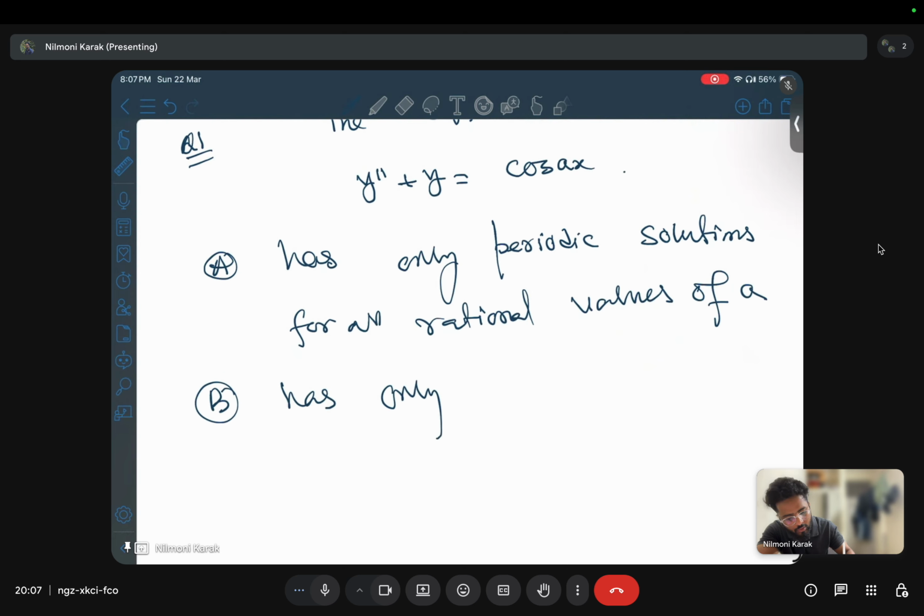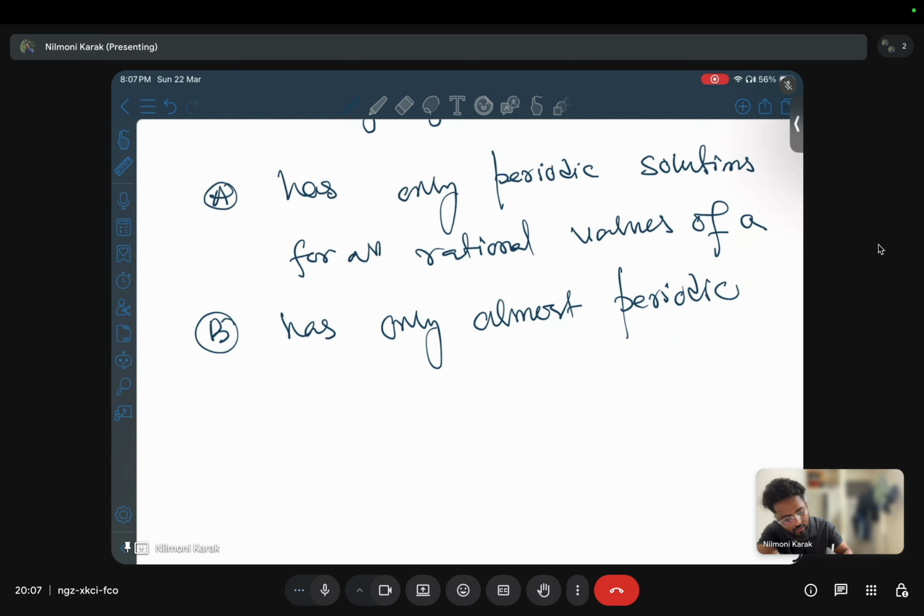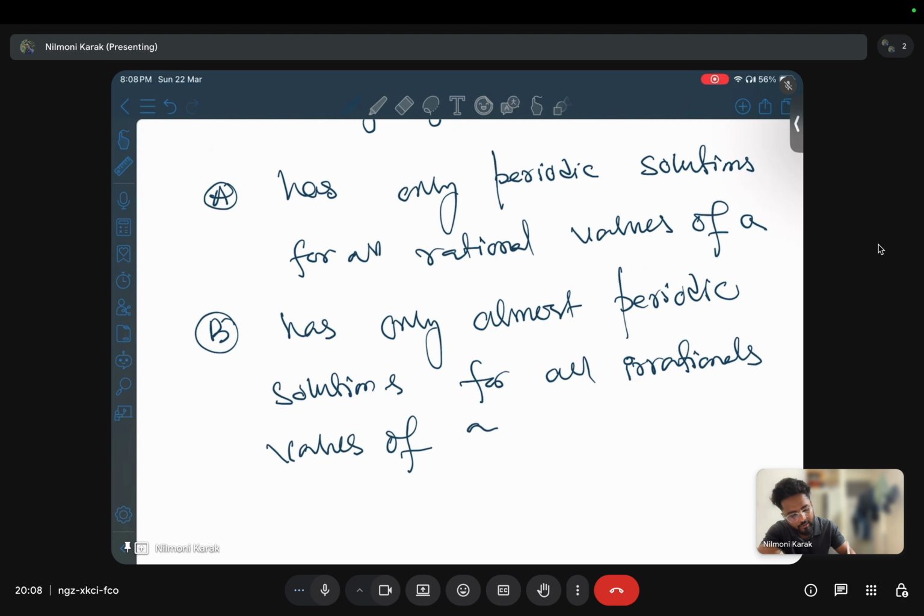B, has only almost periodic solutions for all irrational values of a.